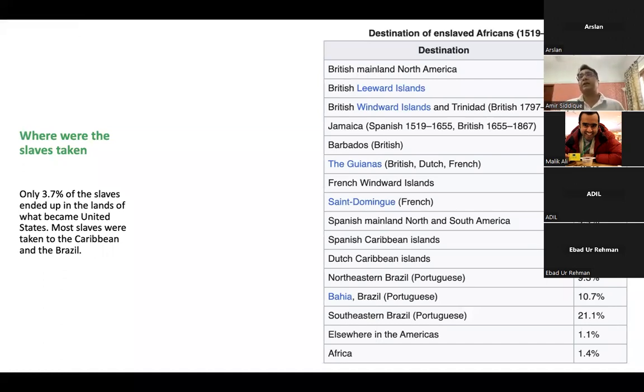And one must ask, why is it that so much of the world at that time was involved in slavery? There was some kind of slavery in India and the subcontinent as well. I didn't study much about that, but what I know is that primarily there were two kinds of slavery happening in the subcontinent.